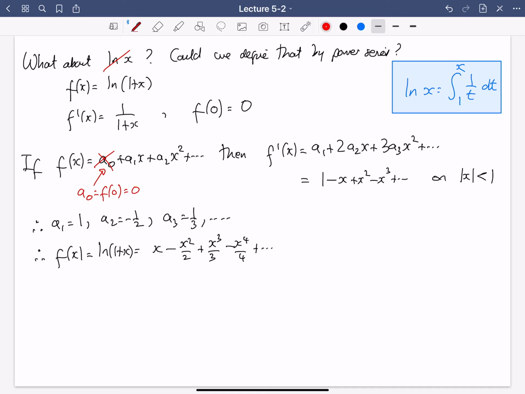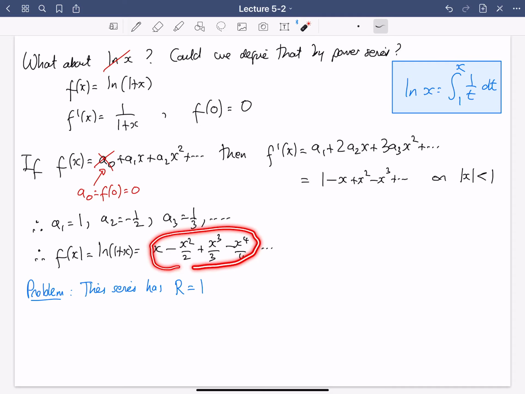But there's kind of a problem here. This series has radius of convergence 1. Quite easy to see that because when you plug in x equals 1 in here, what's the series? It's 1 minus a half plus a third minus a quarter plus a fifth and so on, which converges by the alternating series test.